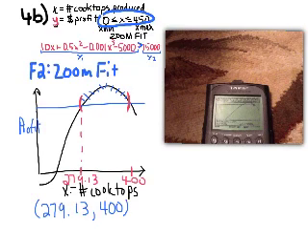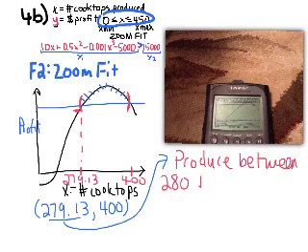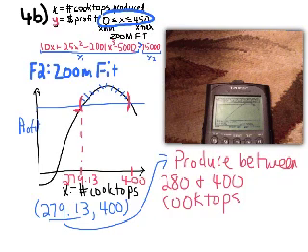If you really want to do a good job of interpreting, then you want to know that you can't have 0.13 of a cooktop, and it can't be 279 because that would be below the 15,000 profit mark. So really, you would want to produce between 280 and 400 cooktops to get your profit greater than $15,000.